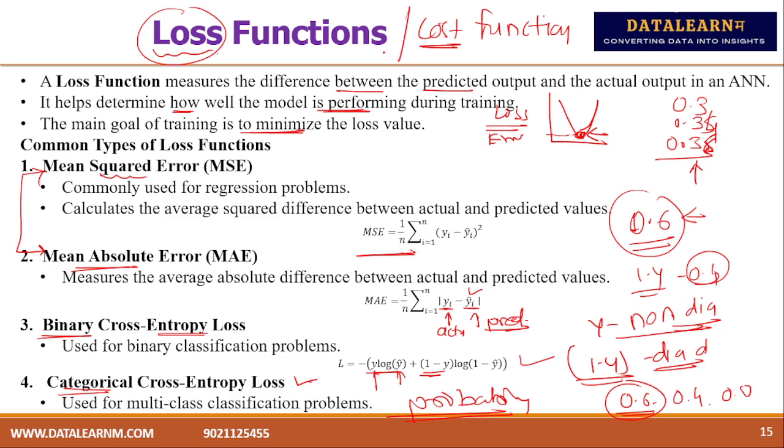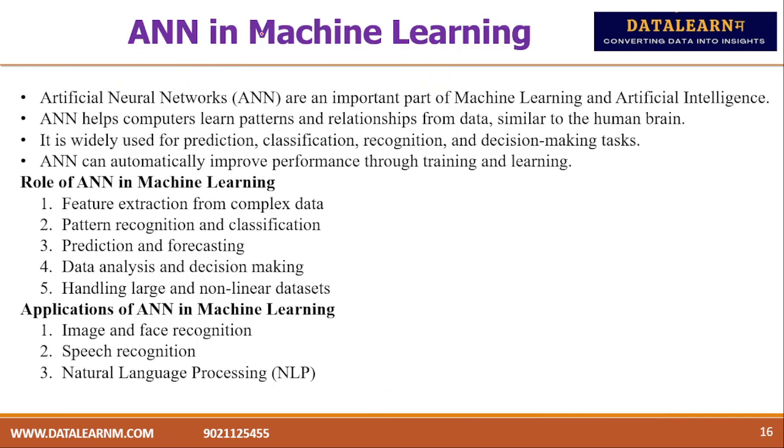If you are calculating the loss for multiple values and adding it, that is called the cost function, because we are taking a summation over here. If we have multiple records and we calculate the error for the multiple records and add them at the end, that is called the cost function. So sometimes you can hear this word as cost function as well.